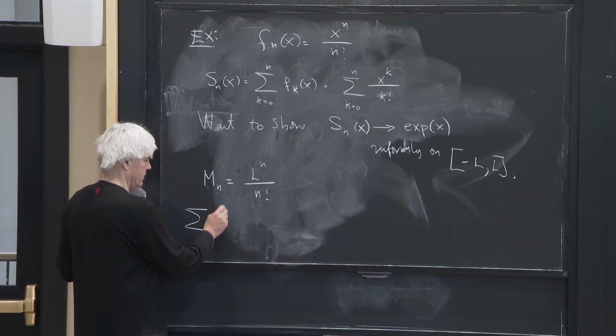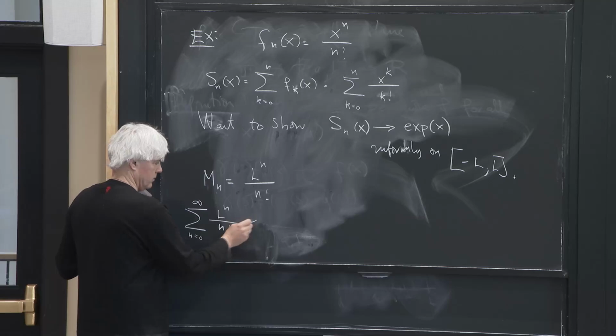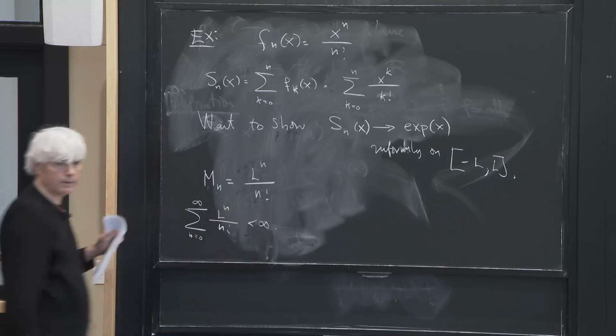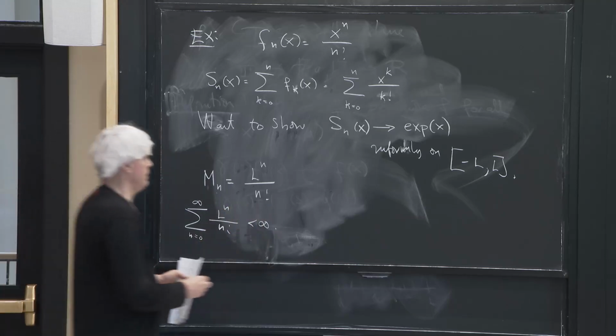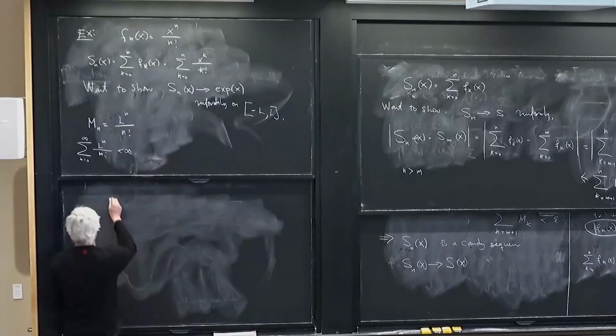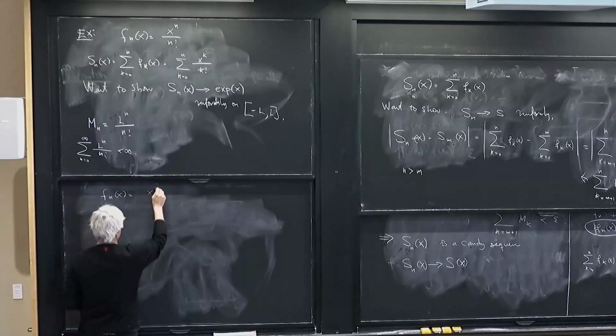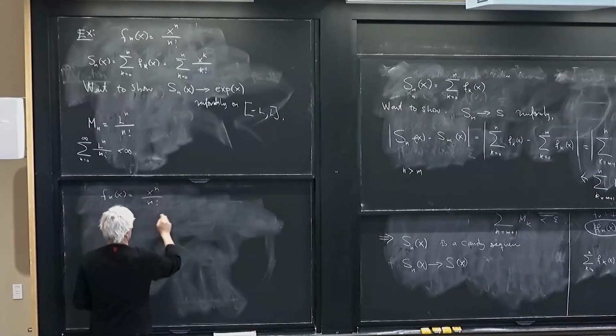Now suppose I take fn of x, this function x to the power n over n factorial.